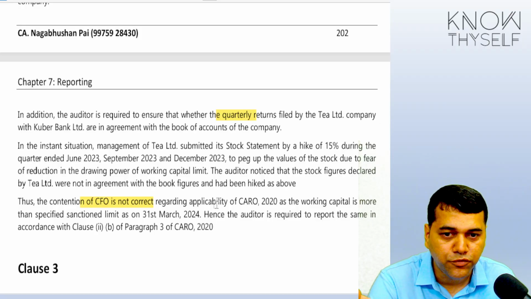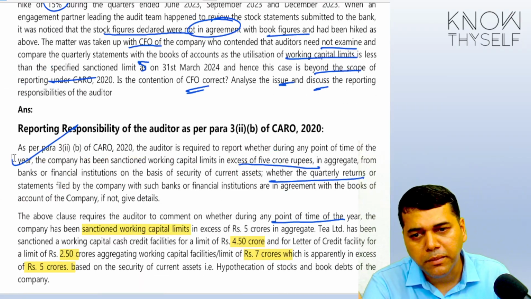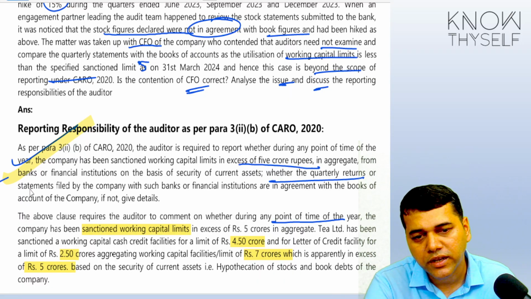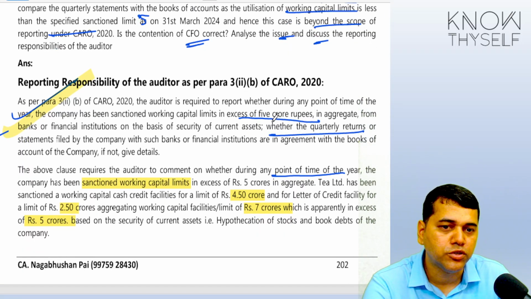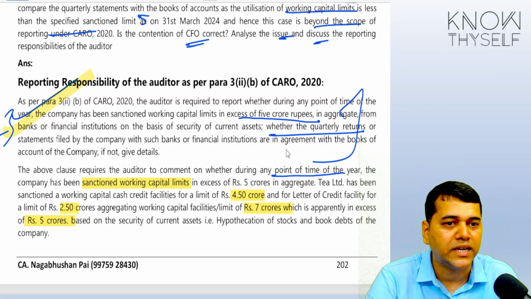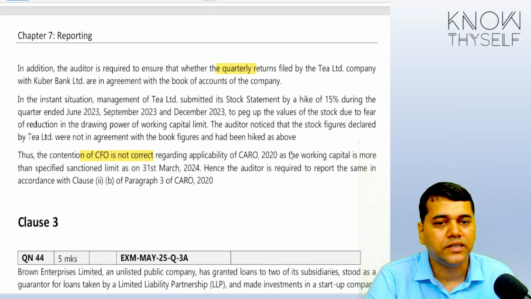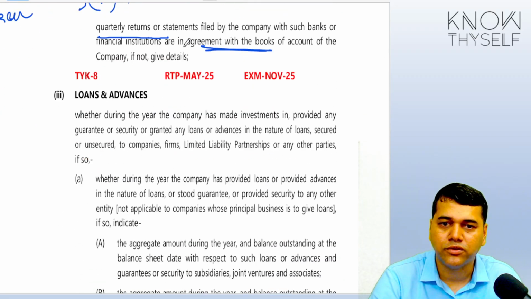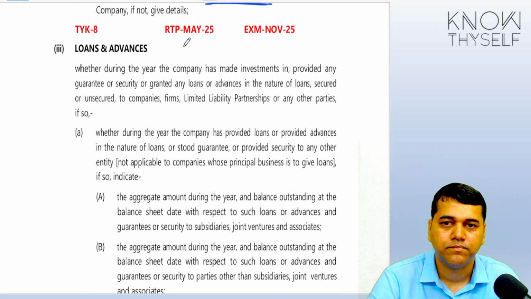Okay, this could have been a confusion, but if you had remembered and quoted this, at least 2 marks you would have got. Even though you may have misunderstood it and said no, it is less than 5 crore, 2 to 3 marks would have been fetched only to write this. Okay, so the contention is not correct. I hope you are clear. Anyhow, we can ignore this because this question has already come for the exam.